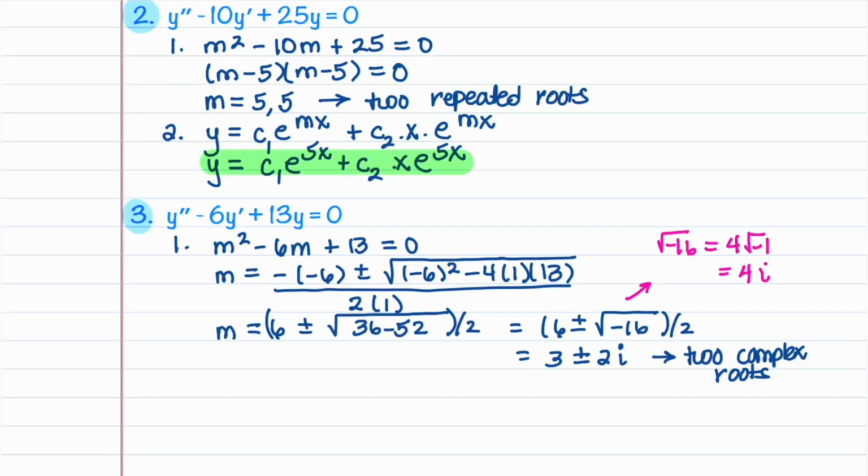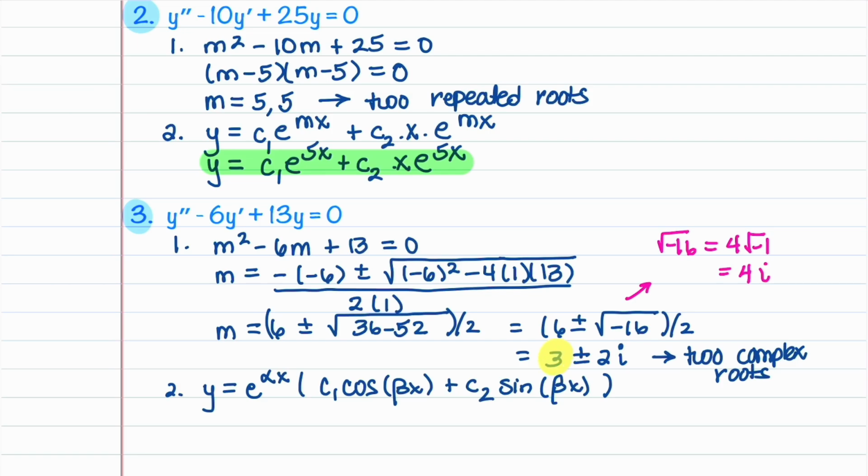Our solution in step 2 is going to look like this. y is equal to e to the alpha x times c1 cosine of beta x plus c2 times sine of beta x. Now let's think about alpha and beta.